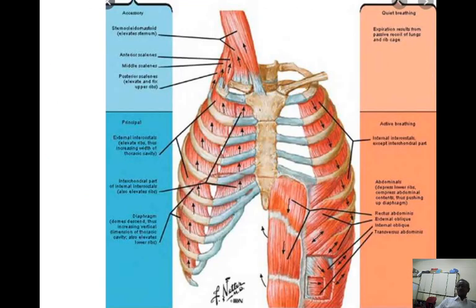So here you have to remember the action of the intercostal muscles. External intercostal is pulling up the ribs such that the rib cage is increased anteroposteriorly and transversely, whereas internal intercostal is pulling the ribs downwards such that the rib cage is losing its area in length as well as width, transversely.